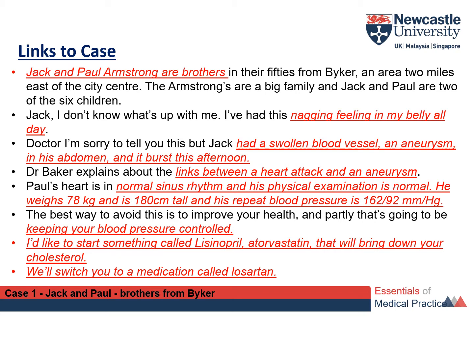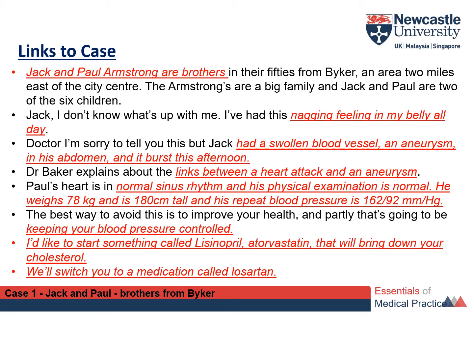So the doctor explained to Paul that yes, there is a link between the heart attack and the aneurysm. Why? Because right now, Paul is not in tip-top shape. When we did the physical exam, he weighed 78 kilograms, was about 180 centimeters tall, and his blood pressure is 162/92, which is high.